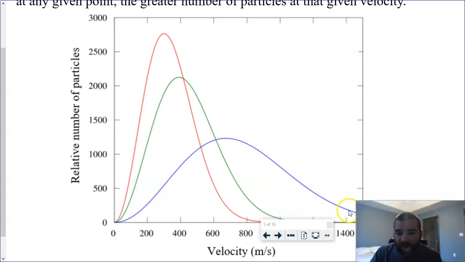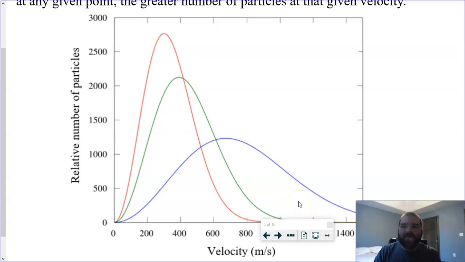And if I go down the bell curve, there's a tiny bit of this distribution that's moving really, really fast, around 1400 meters per second. But the idea here is I have a gas sample, okay? Some things are moving slow, some things are moving really fast, and a whole bunch of them are in the middle. And that's represented by this line getting taller, right?